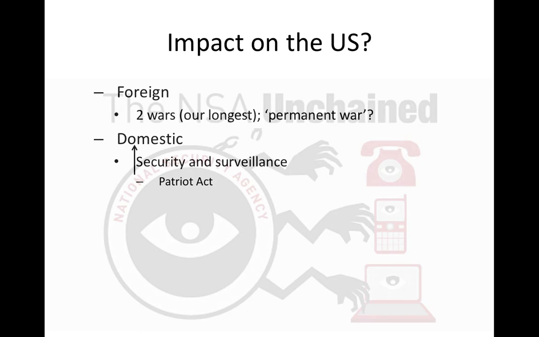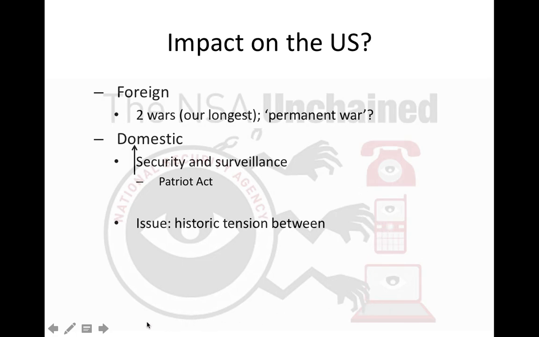The Congress quickly passed, at President Bush's request, a law called the Patriot Act, which has many, many pieces, but increased the federal government's ability to search and go after what was being said on phones, cell phones, and internet.